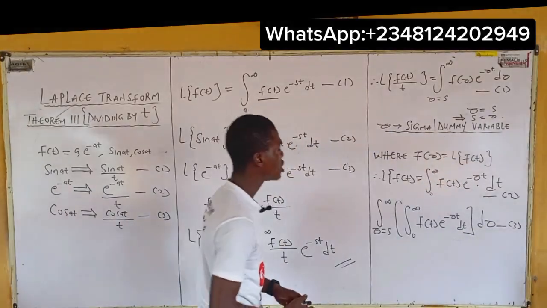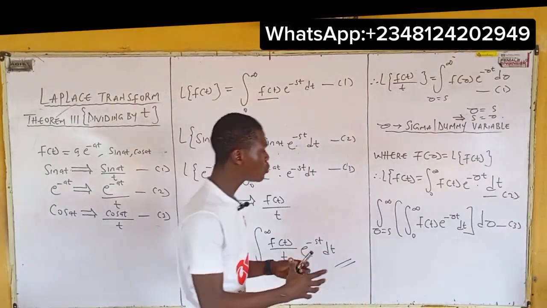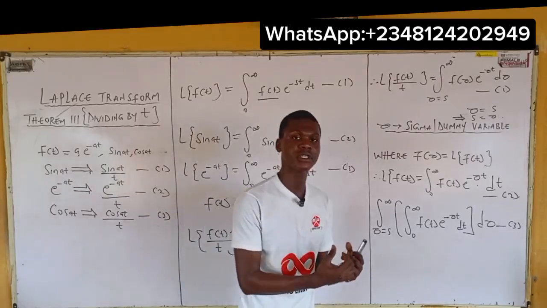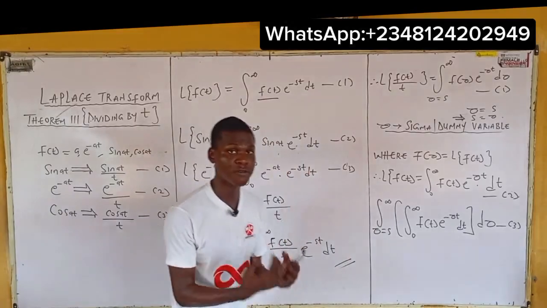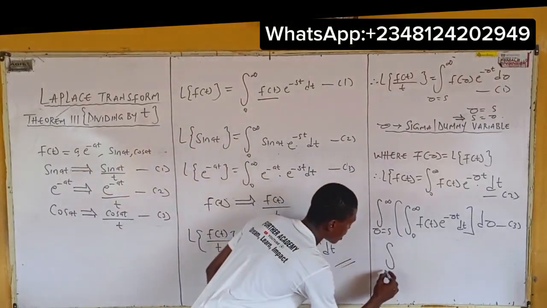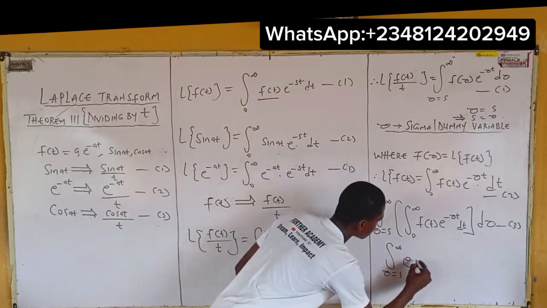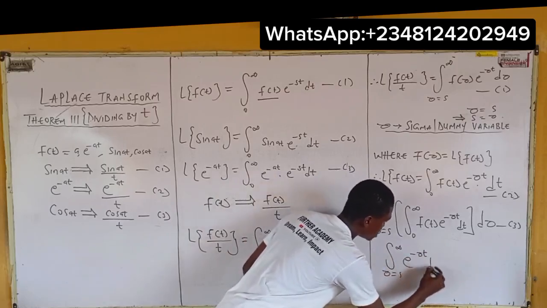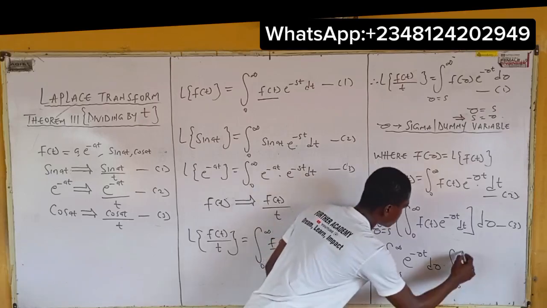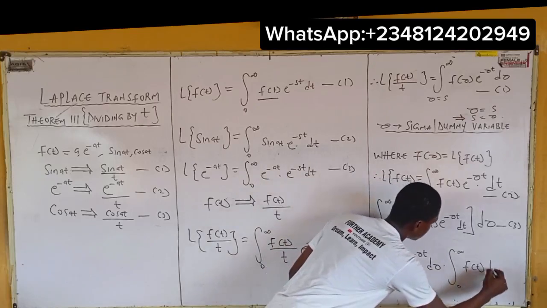From equation 3, observe that you can collect like terms. Group each integral together, meaning the integral for dt together, then the integral for d sigma also together. Doing that, it becomes the integral as sigma equals x to infinity of exponential negative sigma t d sigma multiplied by the integral from 0 to infinity of f of t dt.